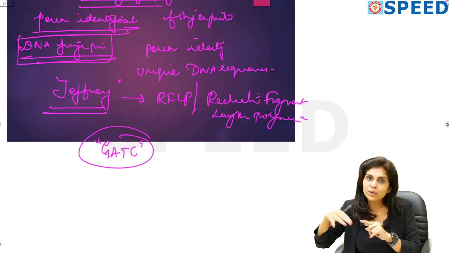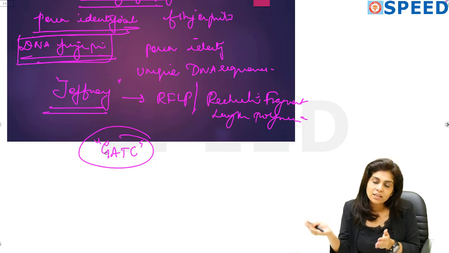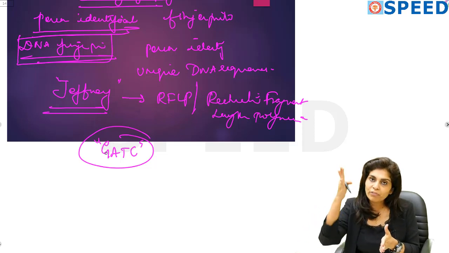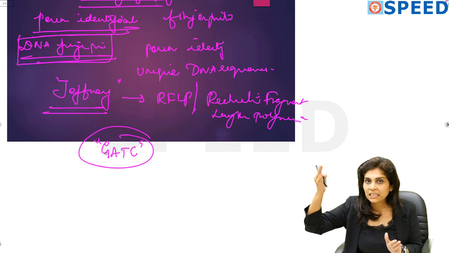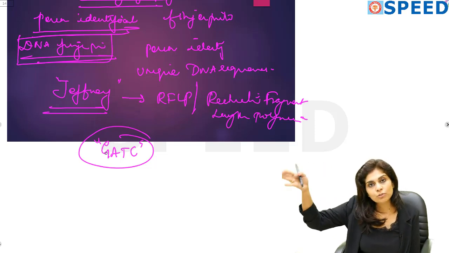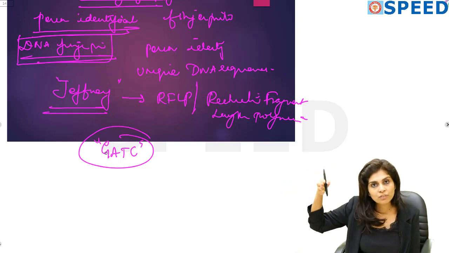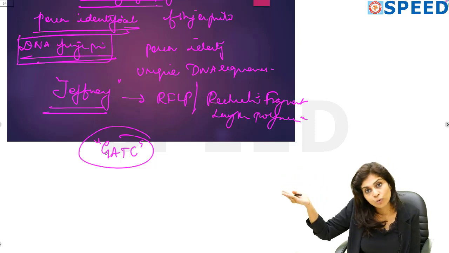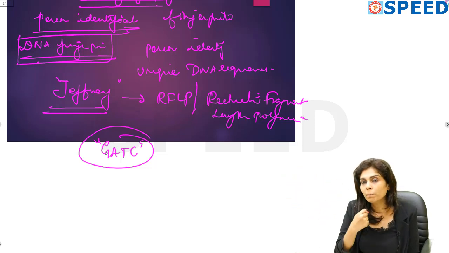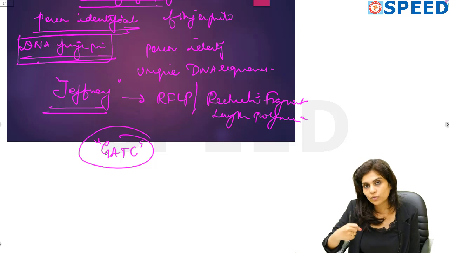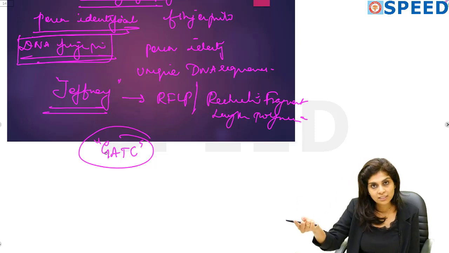Whereas for another person, person B, the first GATC might be from 500 to 504. Second GATC might be from 1000 to 1004. Third might be from 1500 to 1504. So what do you think about my restriction digest and what do you think about the other person's restriction digest?